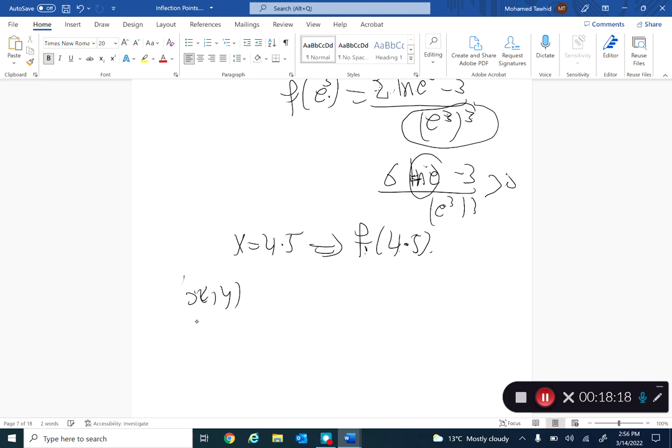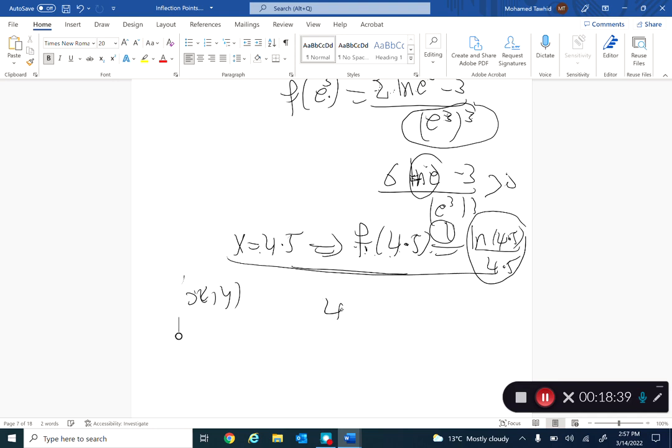When x equal 4.5, your y is the value f at 4.5. So you go back to equation 1 and compute ln of e to the power 4.5 divided by 4.5. You can use technology for this. That is our inflection point: 4.5 and the value f at 4.5.